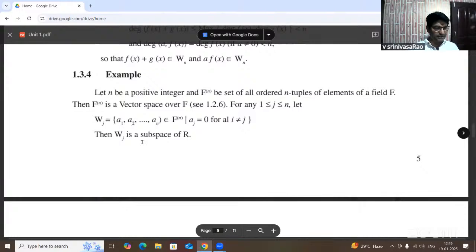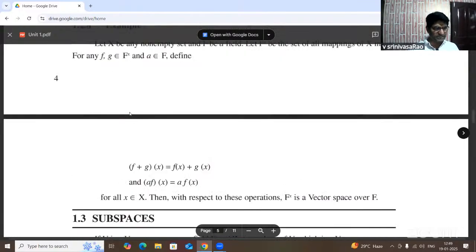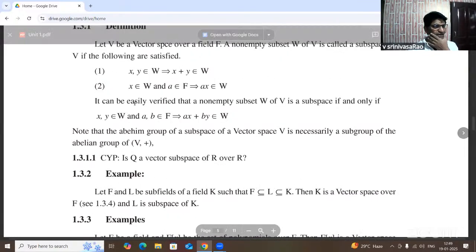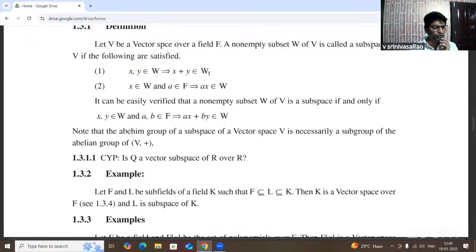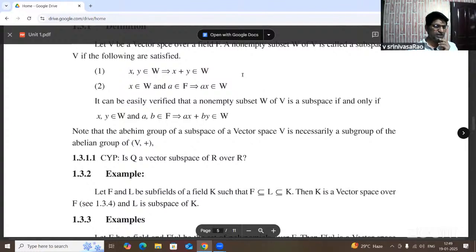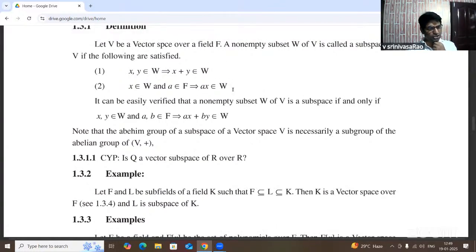Yesterday we practiced some other theorems. 1.3.1 is the two-step test: x plus y belongs to W, where W of F is contained in V of F, and for scalar multiplication, Ax also belongs to W of F contained in V of F. This is especially for your university material. Just refer to some other unified and regular textbooks.